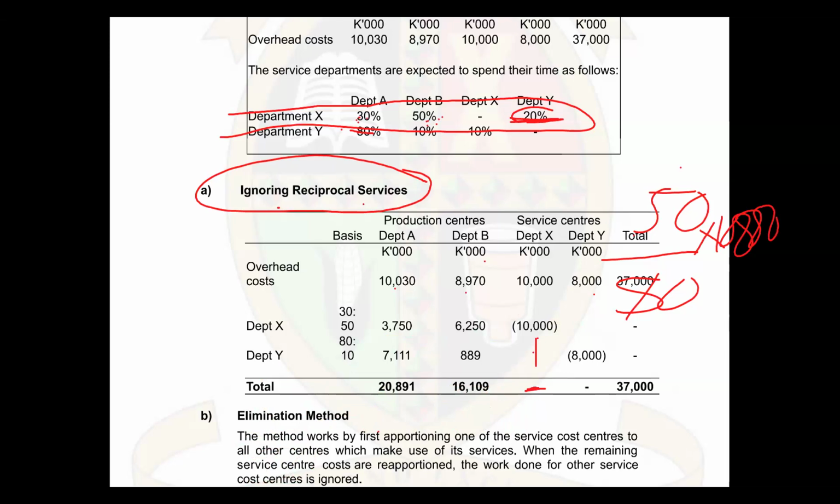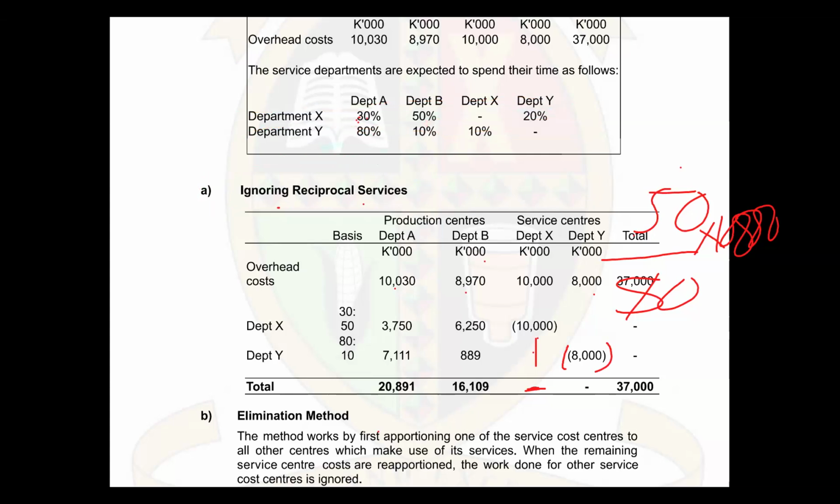Okay. Let's go to Y. How much are we allocating from Y? It's 80,000, right? So you deduct the entire 80,000 because we are reallocating this 80,000. Now listen. According to the basis of apportionment that we have, 10% is supposed to go to X. Now listen.